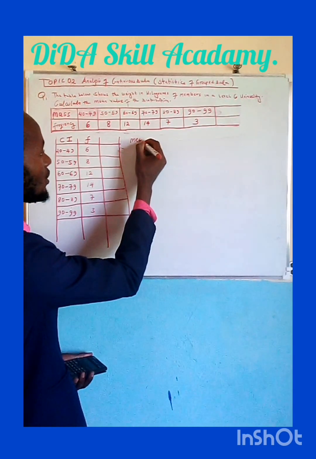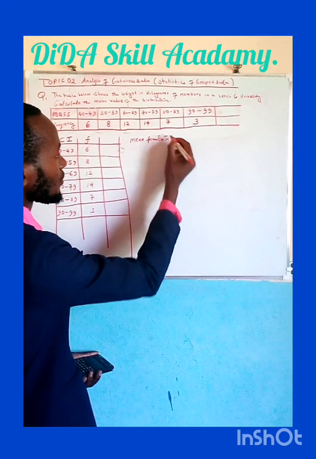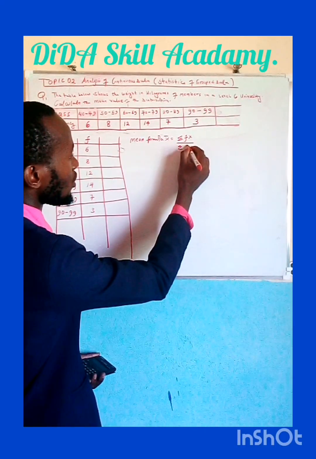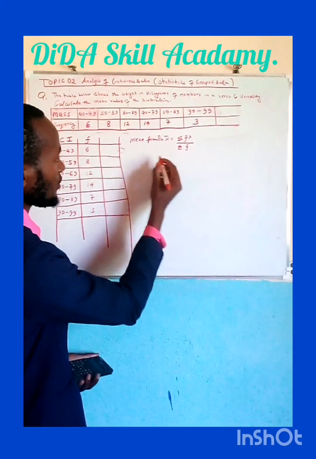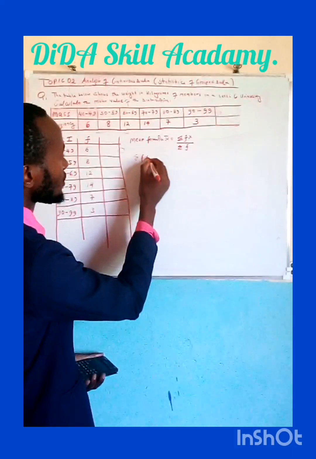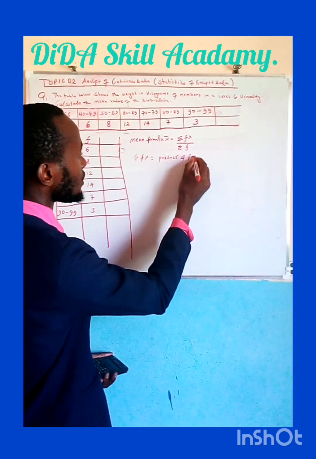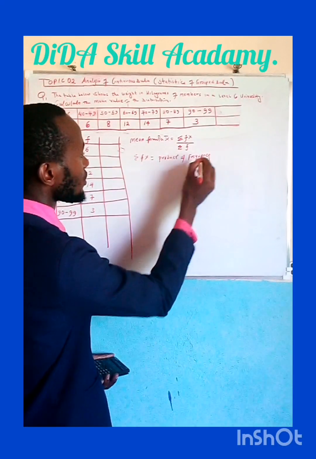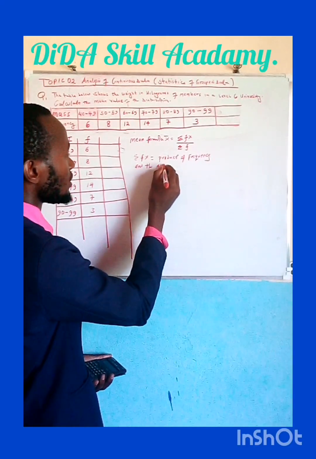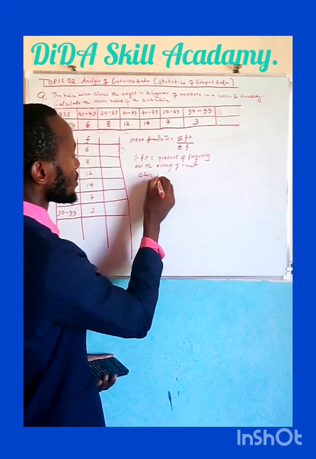Our main formula is the summation of fx divided by the summation of f, where fx is the product of frequency and the average of each class interval.